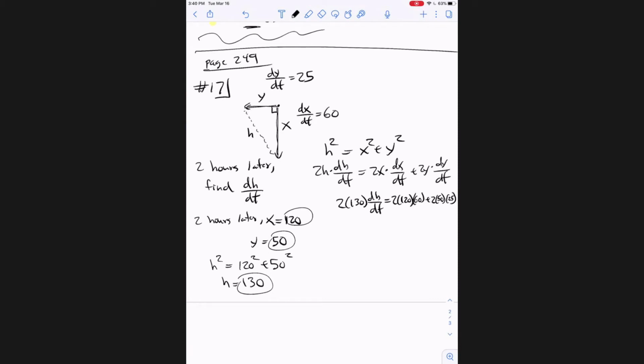Anyway, you go ahead and solve for dH over dt, and you end up getting dH over dt equals 65. So that means 2 hours later, the distance between these two cars is changing at 65 miles per hour.